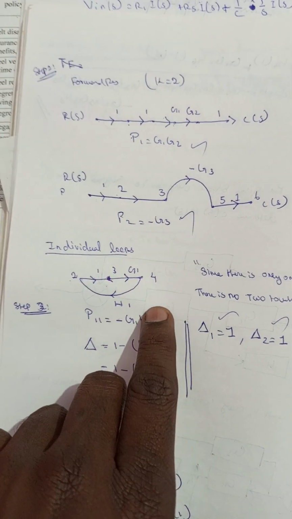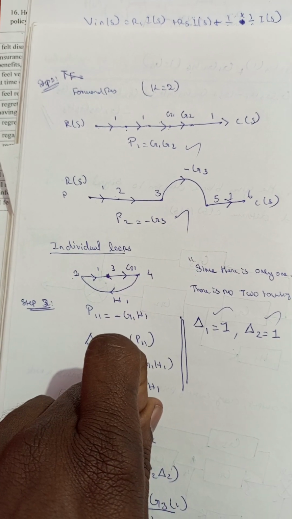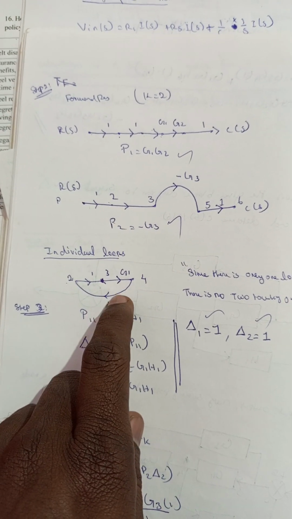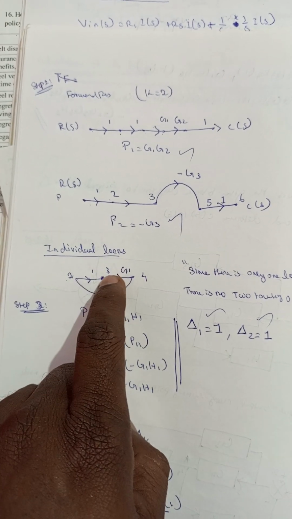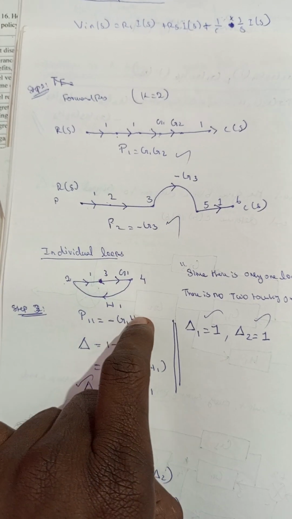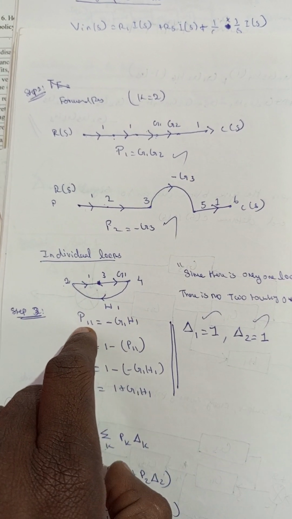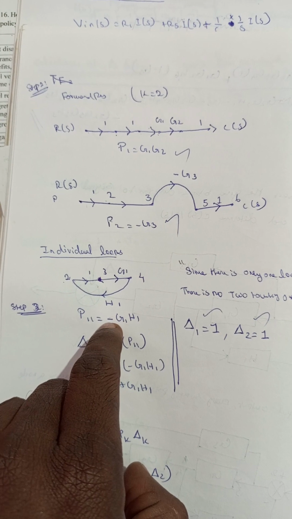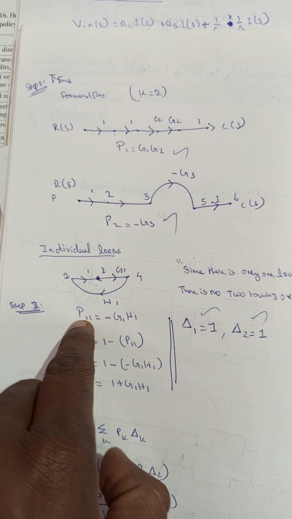and we have to check how many loops are there, and it has only one negative loop which is between 2 and 4, and it has gain 1 in between. So since it's a negative loop, we'll mark this as minus G1 H1. We'll keep this as P11.